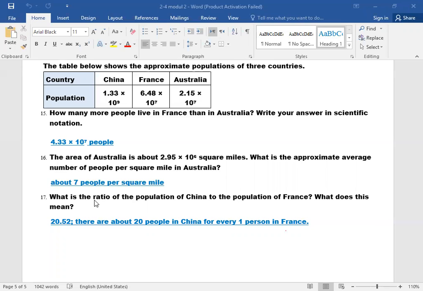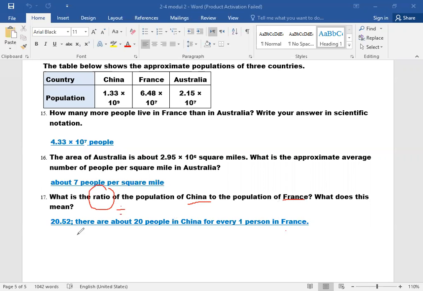Then the ratio here means that you are going to write the numbers like a division operation. So we said we want to start from China to France.